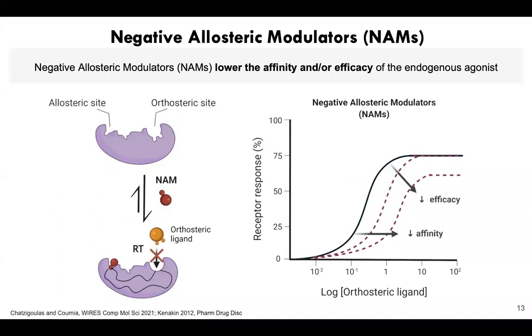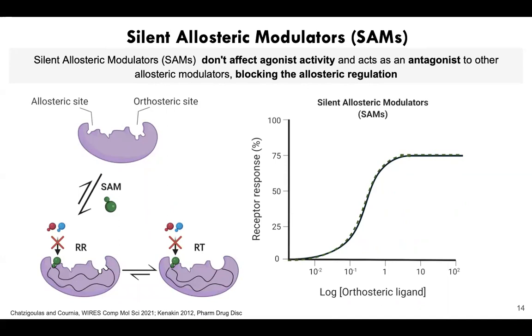The negative allosteric modulators have the opposite effect, so they will lower the affinity, essentially not allowing so efficient binding of the orthosteric ligand, but also their efficacy. They will also lower the efficacy of the endogenous agonist. Then we also have the silent allosteric modulators.